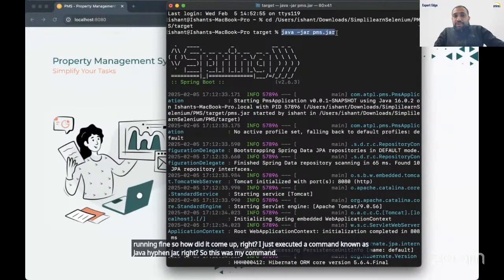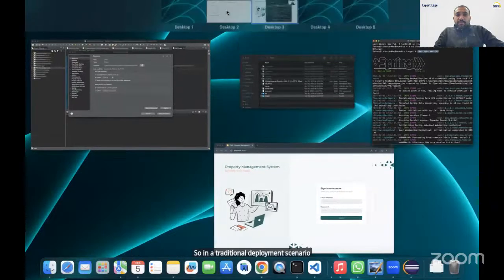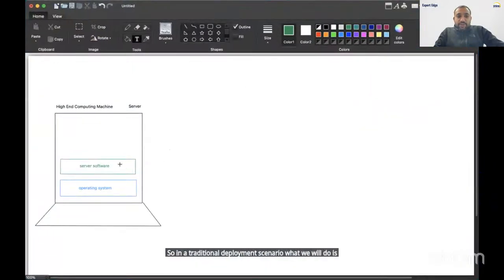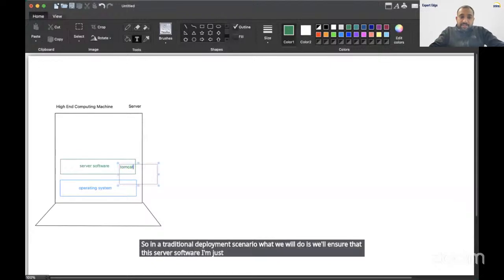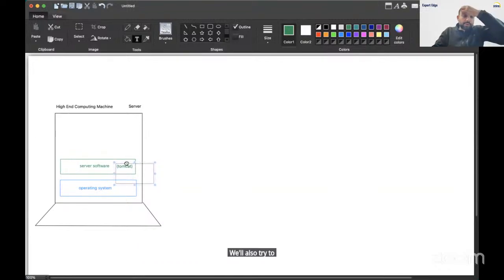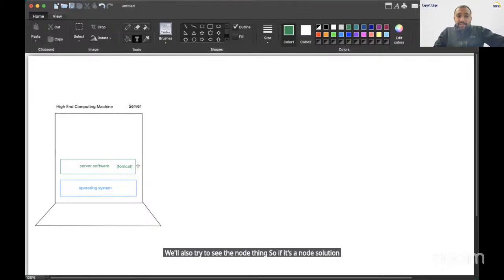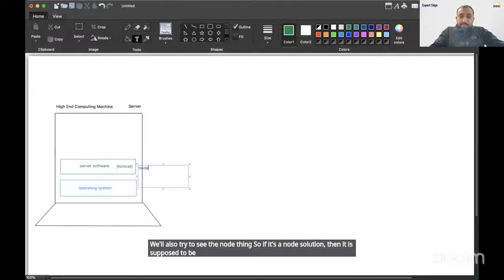So in a traditional deployment scenario, we'll ensure that this server software, I'm just talking about this stack which we are discussing as of now, is Java backend, right? We'll also try to see the node thing. If it's a Node solution, then it is supposed to be Node coming up here, rather than Tomcat. So in Java, it's Tomcat, right?